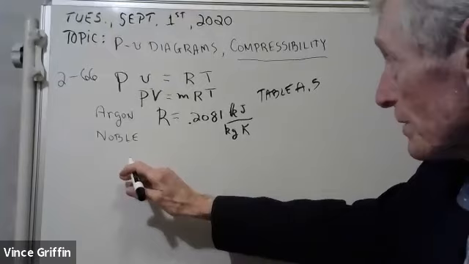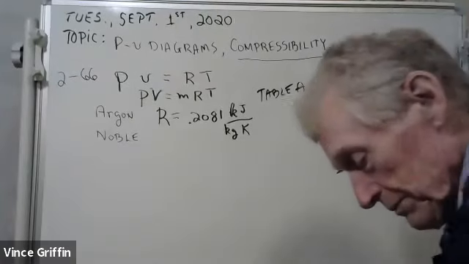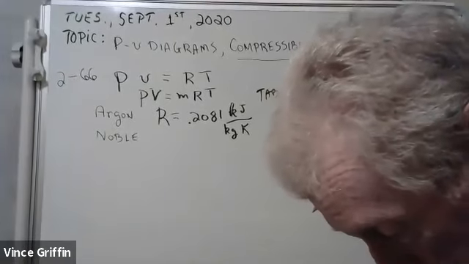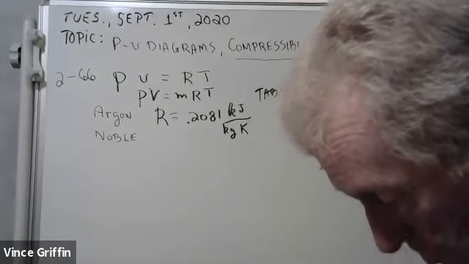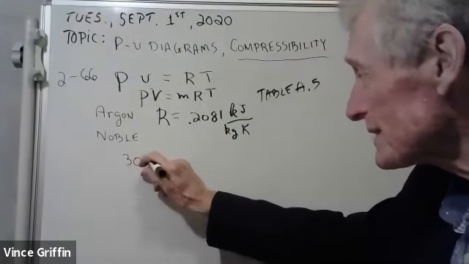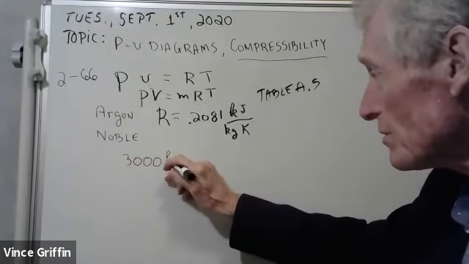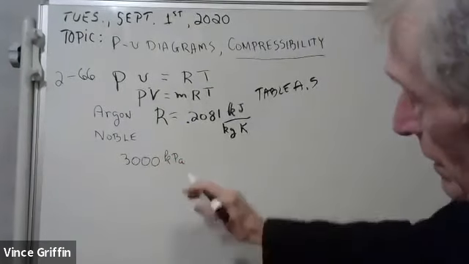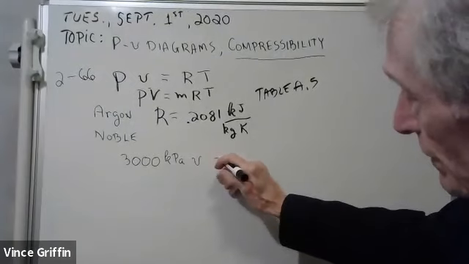Pv equals RT. What's the P? Well, if you read the problem, they said it's 3 megapascals. You have to use kilopascals when you use this equation to get the units to work right. And we're going to solve for little v.